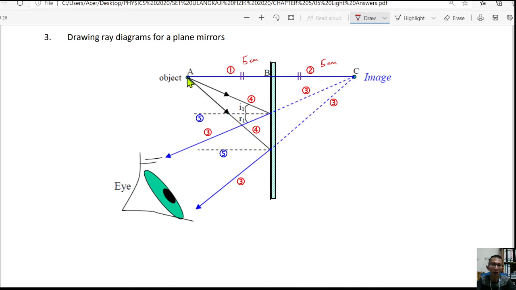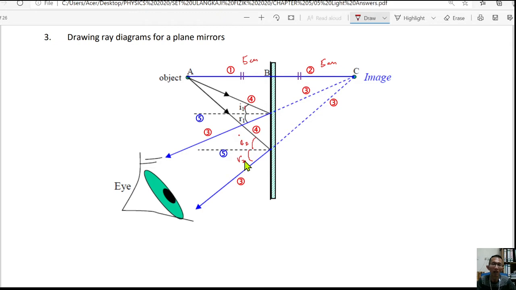You can check your work by drawing the normal. Step number 5: I draw the normal, and you can measure the angle of incidence and the angle of reflection. The values must be the same. If the angle of incidence here is I2 and the angle of reflection is R2, these two angles must be the same.